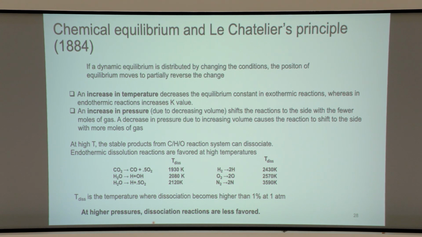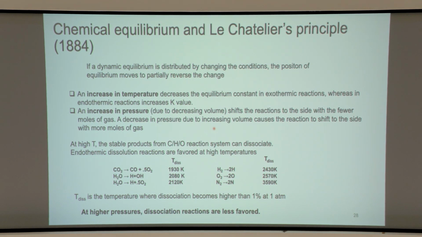If you increase the pressure, which is decreasing the volume, you'll always shift your reaction to the side where you have the fewer moles of gas, or the fewer number of molecules. And vice versa, if you decrease the pressure, then you shift to the side with more moles of gas.